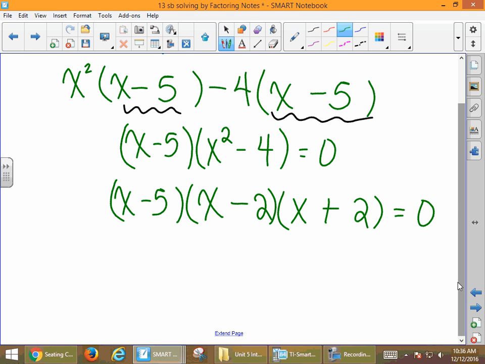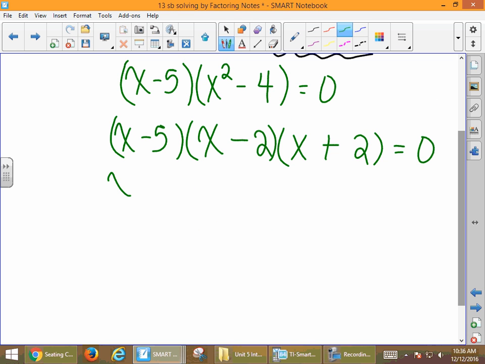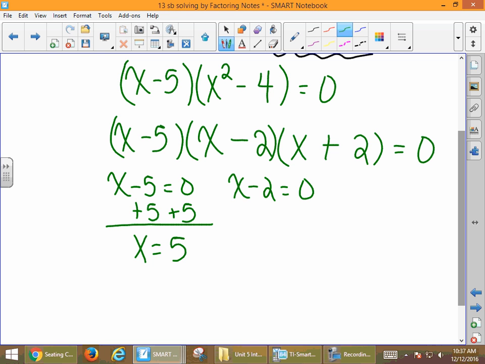And now, we already had it set equal to 0, but now we need to figure them out. And again, there's some of you who could tell me x equals 5, x equals 2, x equals -2. I am fine with that. If you're not one of those people, though, we're going to take x minus 5 and set it equal to 0. And we're going to take x minus 2 and set it equal to 0.